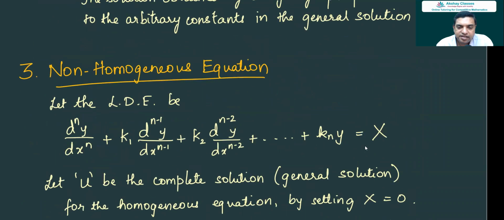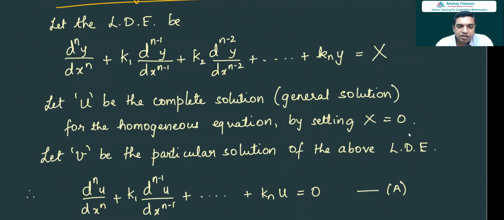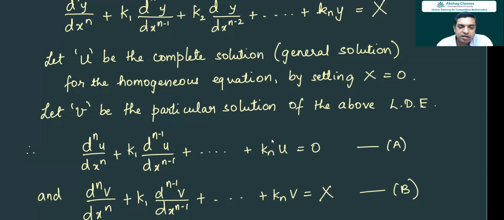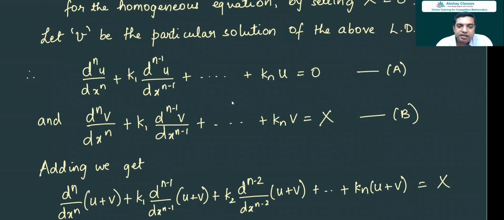So these are definitions. And then for a non-homogeneous equation, you get X on the right hand side. Now, if U is the complete solution of the homogeneous equation and V is a particular solution of the non-homogeneous linear differential equation, then we can write equations A and B. Equation A is the homogeneous component, because U is a solution of the homogeneous equation.